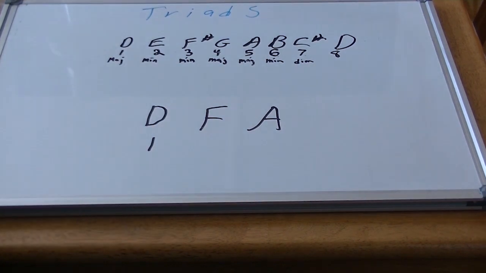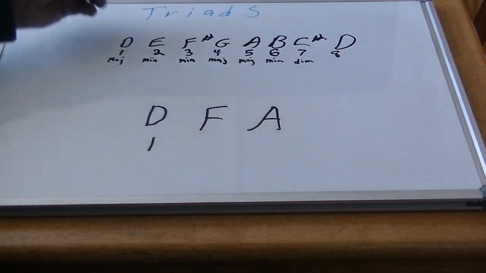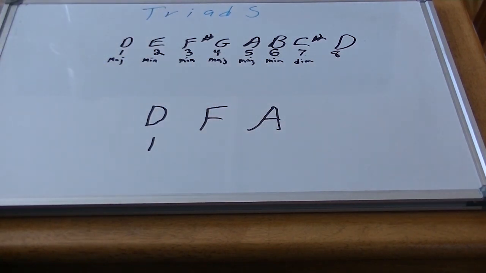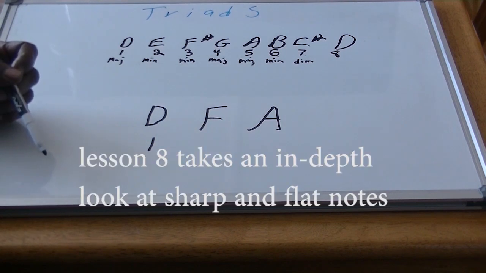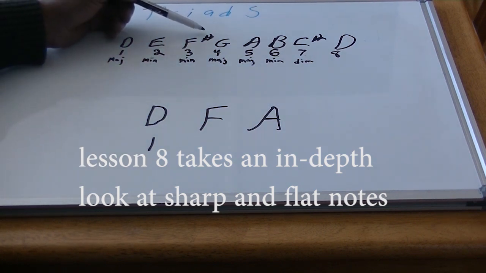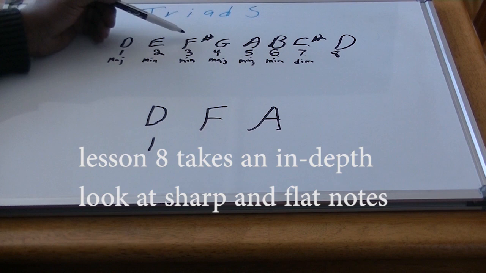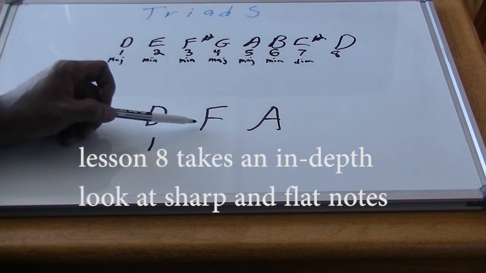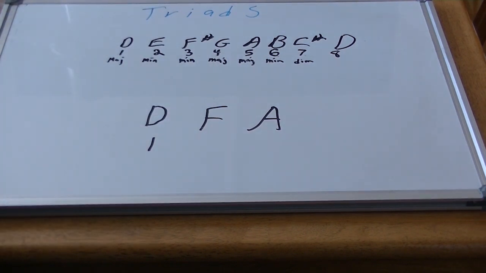So in order for us to have F, we need to alter this note. We need to take this F sharp note and make it into F. And for those who watched the previous lessons, they know by now that what we need to do is take this F sharp note and flat it, creating the note F.